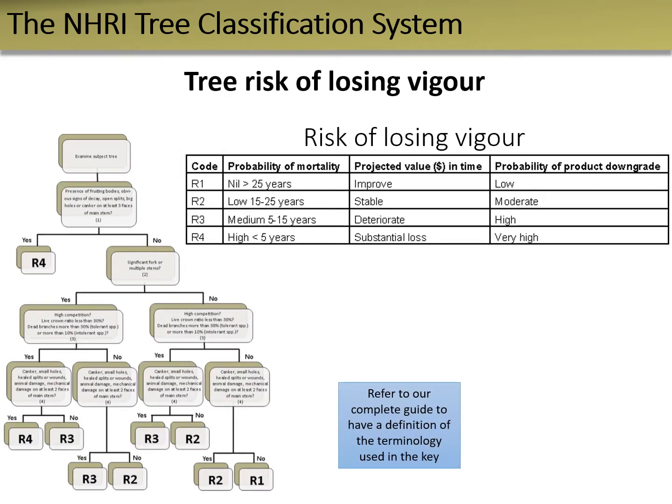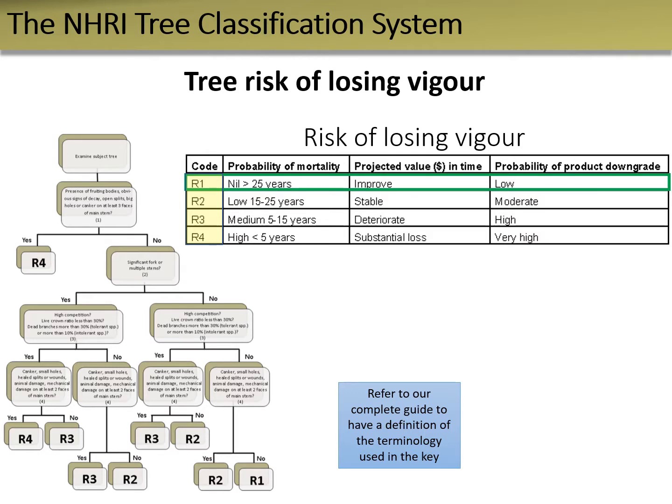There is a determination key to assess a tree and assign it a risk class from R1 to R4. Basically, a healthy tree has a nil probability of mortality. It is going to die after 25 years. The projected value over time of its product will improve, and there is a low probability of product downgrade.